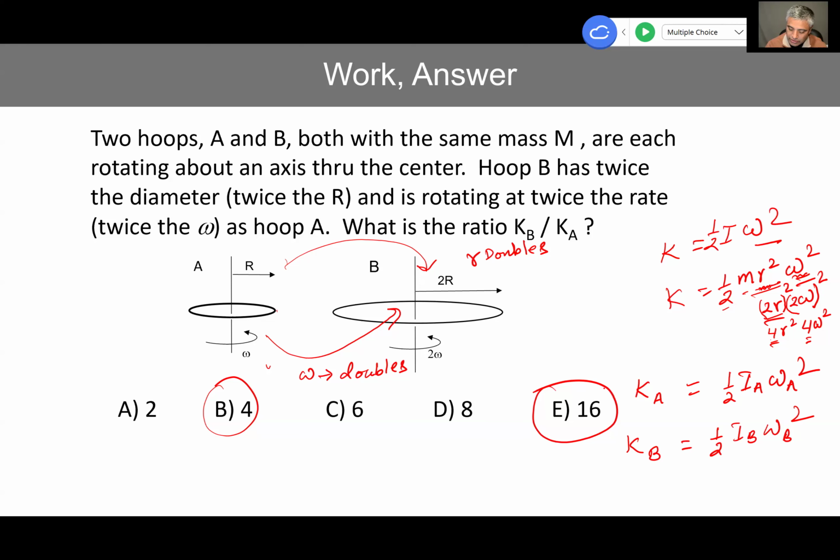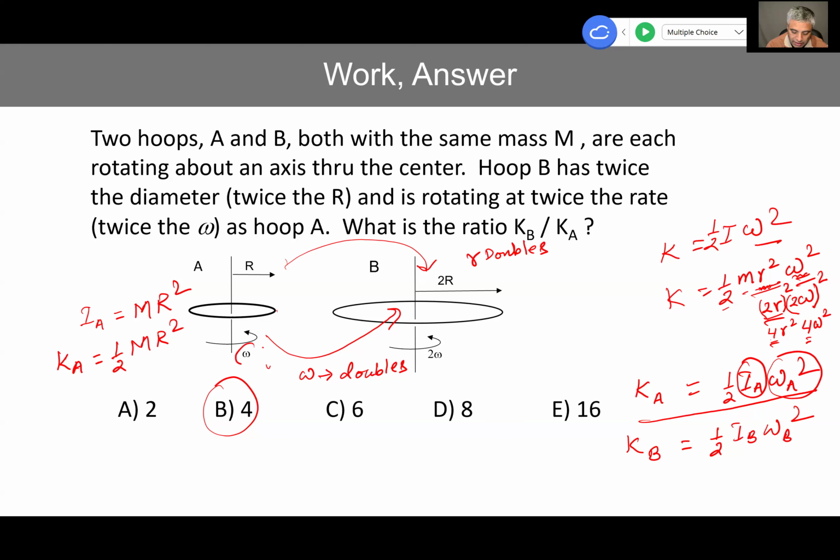But let's say if I were to do it systematically, what would I do? Let's write K A. In this case, I of A is going to be M R squared, right? So K A would be simply half, then I A means M R squared, and then omega A squared.